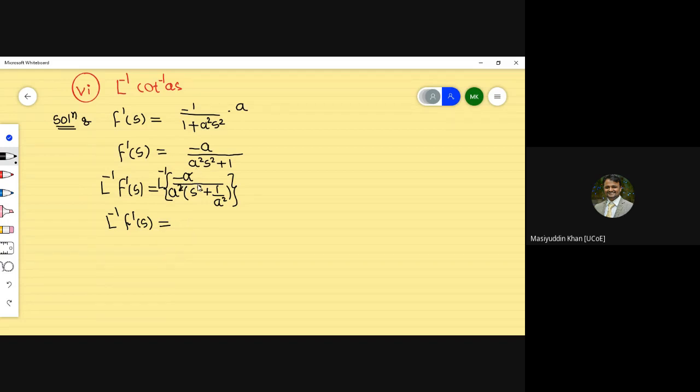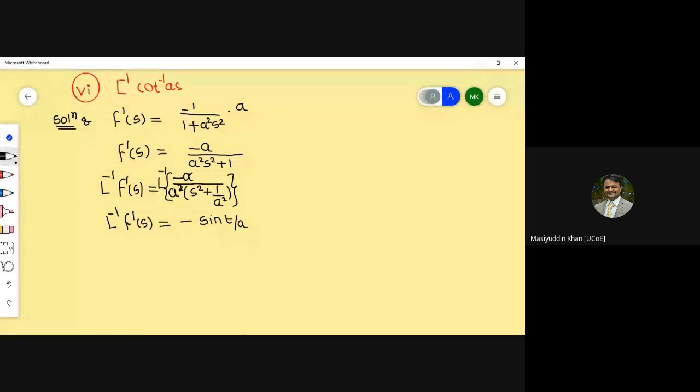So 1 by a upon s square plus 1 by a square, you will get directly the Laplace inverse of this function as minus of sine of t by a. So you have to just see to it that the Laplace transform of sine t by a gives 1 by a upon s square plus 1 by a square.